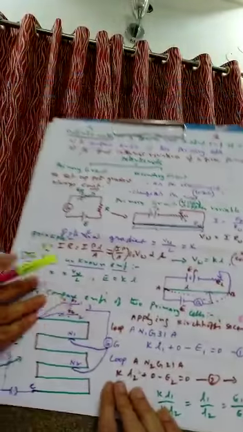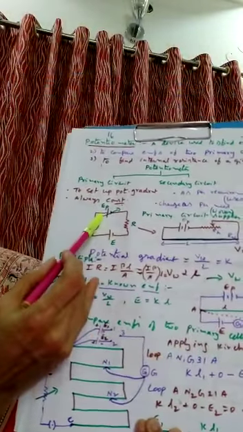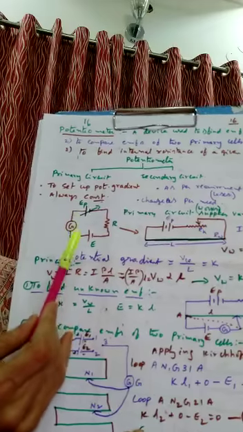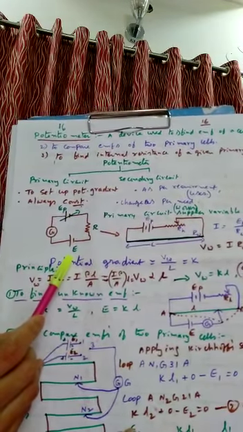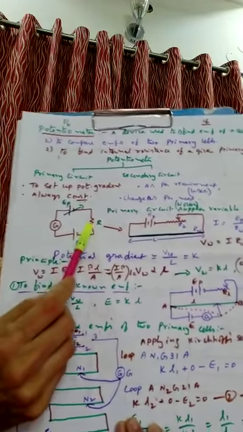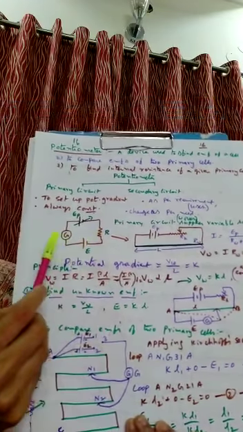See, this is the circuit. I have taken a variable battery and parallelly I have connected another cell, and there is an external resistance R and a galvanometer.